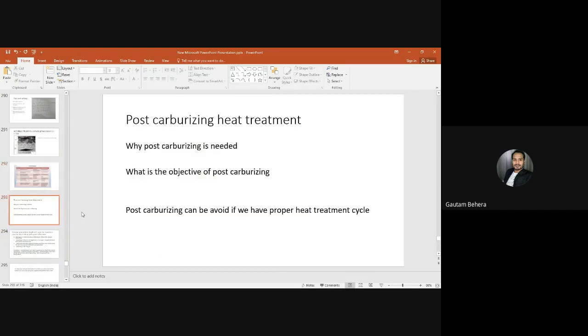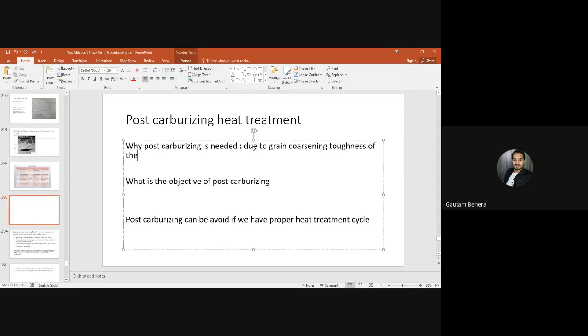Okay, so you can write why post carburizing is needed: due to grain coarsening, toughness of the core reduces. That is one part.